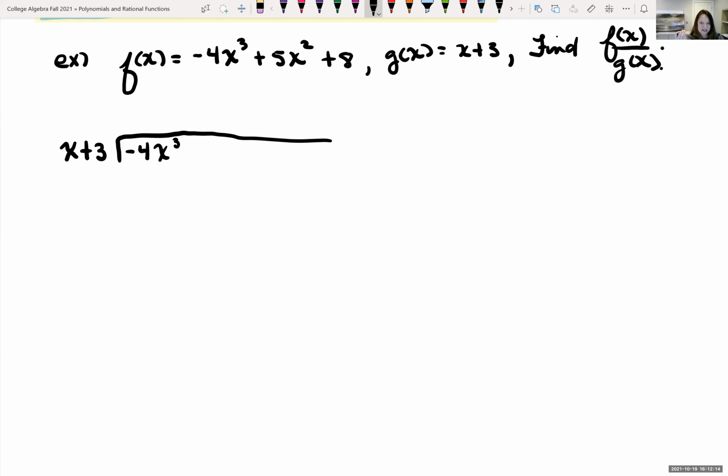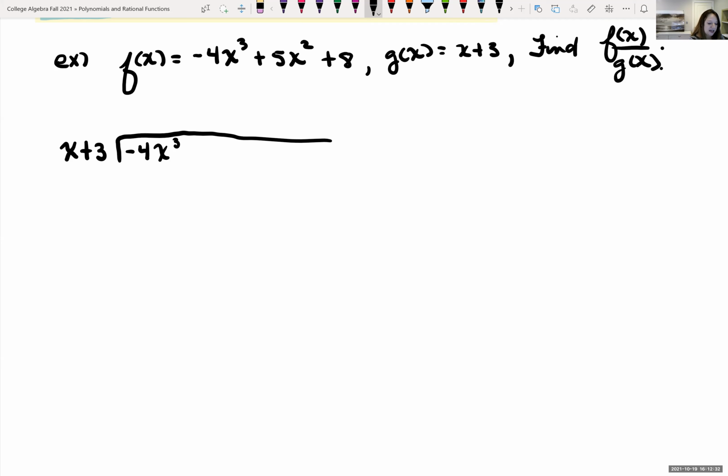If you're missing any term when you go in descending order of powers, then you want to put a 0 in for that. Notice that in our f of x function, there's no x term. I have a cube and a squared, but I don't have the first power of x.